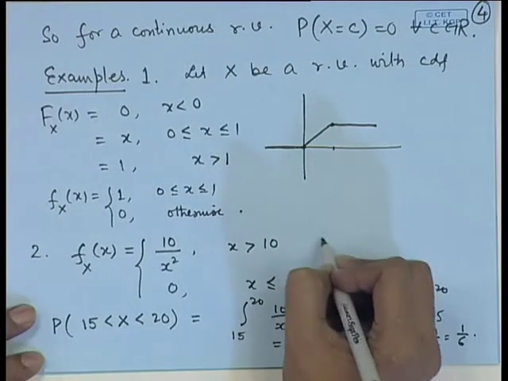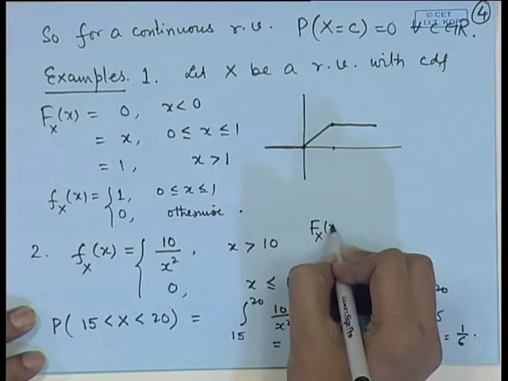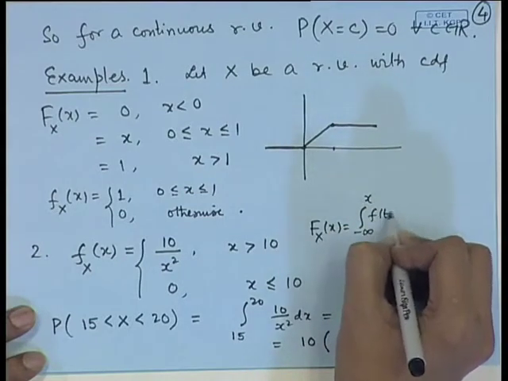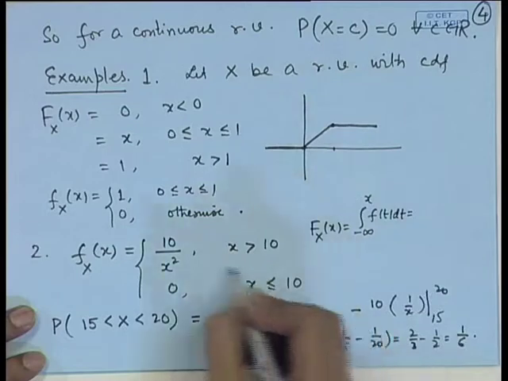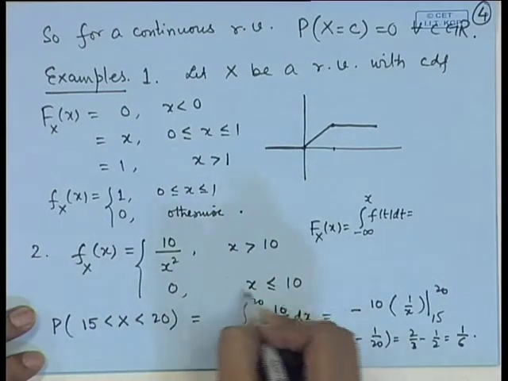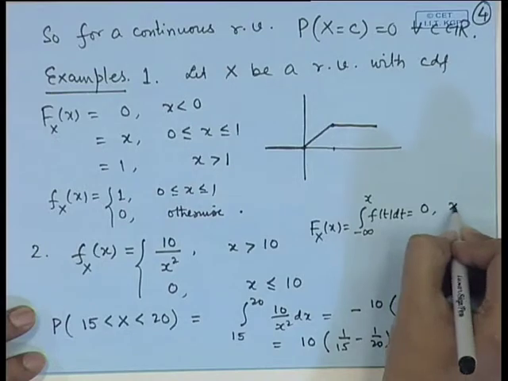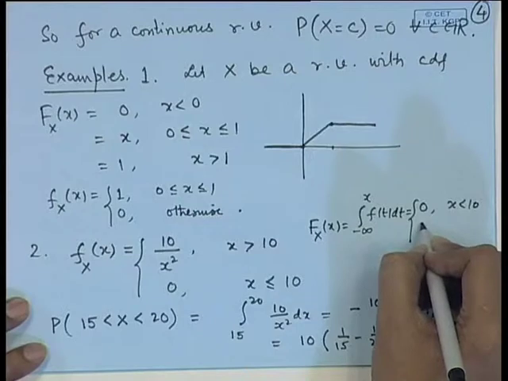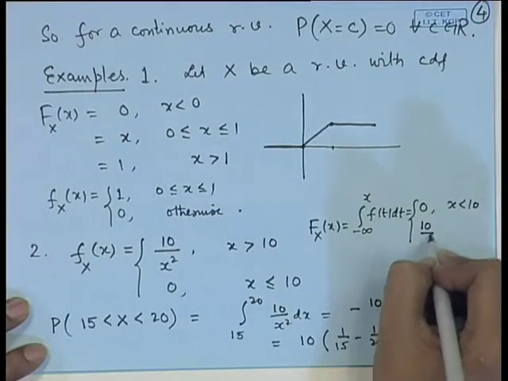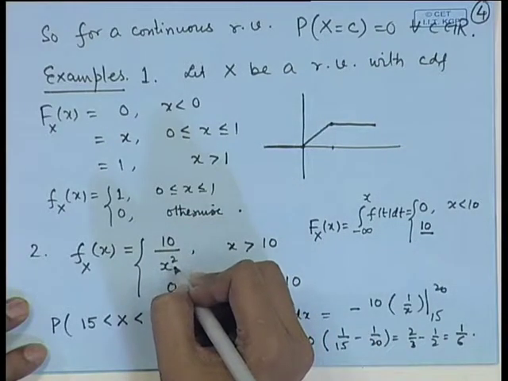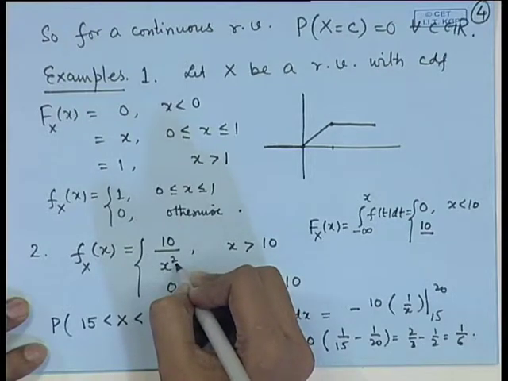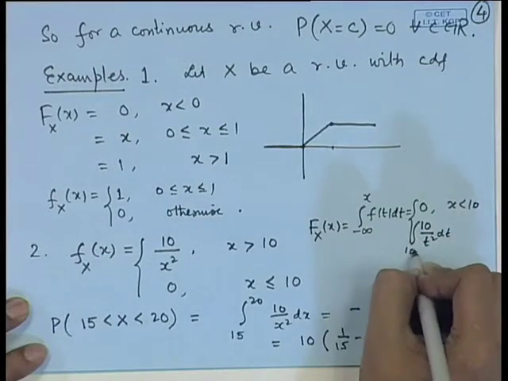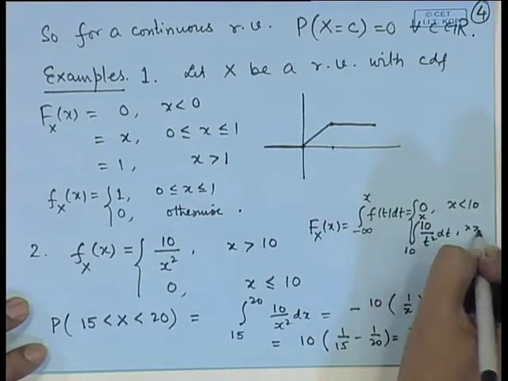If we want to find out the CDF here, then it is the integral from minus infinity to x of f(t) dt. Now, here the positive value of the density starts from the point 10, therefore, it will be 0 for x less than 10, and thereafter it will be the integral of 10 by t square from 10 to x for x greater than or equal to 10.